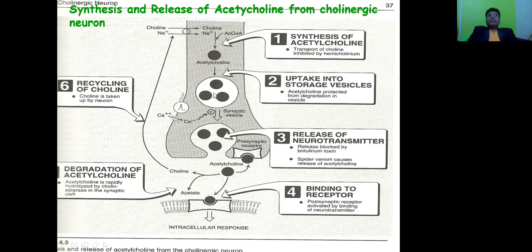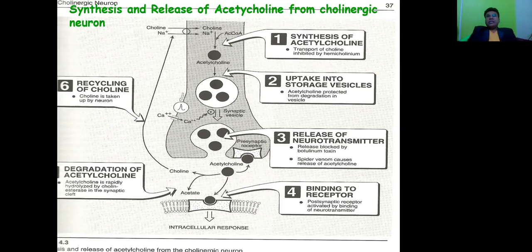These synaptic vesicles, in the presence of calcium, release the neurotransmitter. This release is blocked by botulinum toxin, and spider venom causes release of acetylcholine.